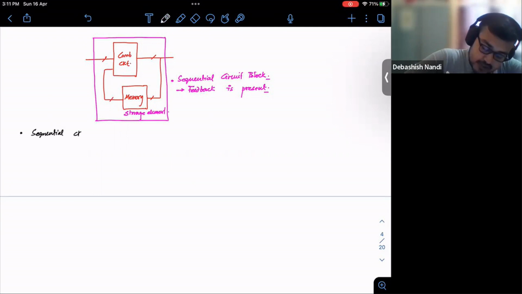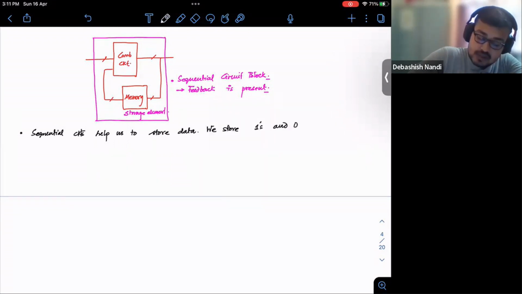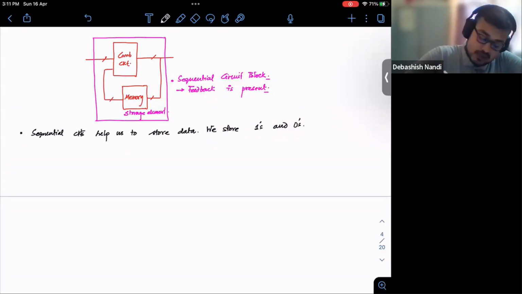Sequential circuits help us to store data. What do we store, by the way? We store ones and zeros. This is binary coded information, right?